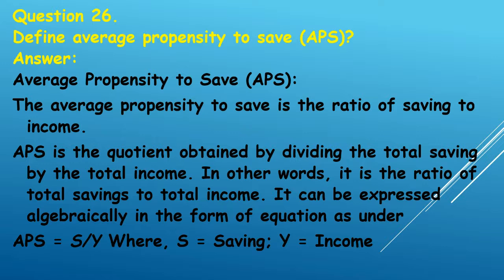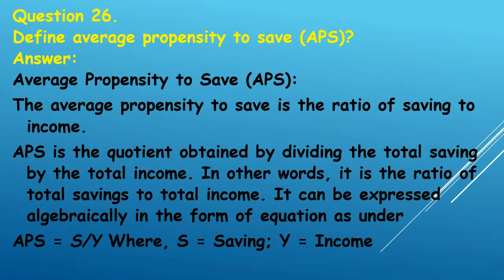It is usually explained as the percentage of total household disposable income, that is, without deducting the tax. This is called APS, that is average propensity to save.